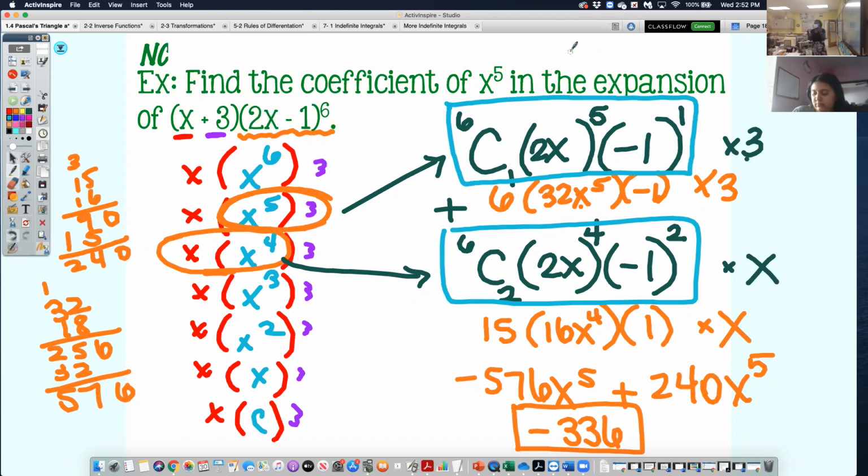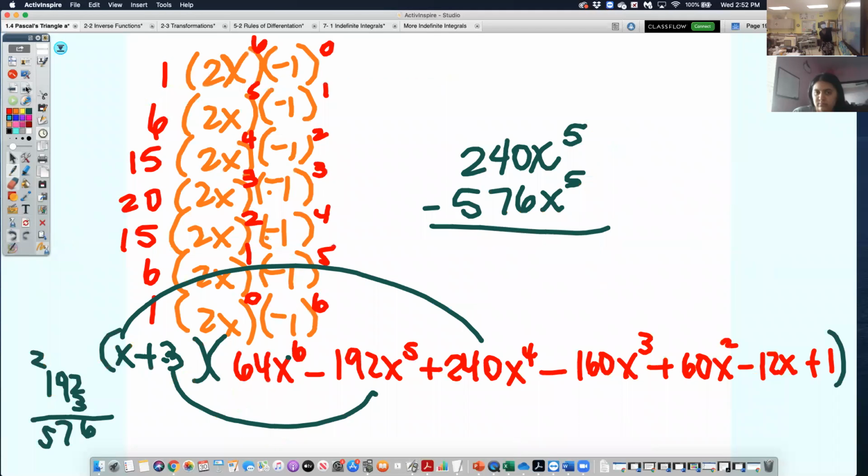If I don't do that, I'm going to have to fully expand 2x minus 1 to the 6th power and then multiply every term by x, multiply every term by 3, and then find that x to the 5th term. That is all of this work that you want to avoid.